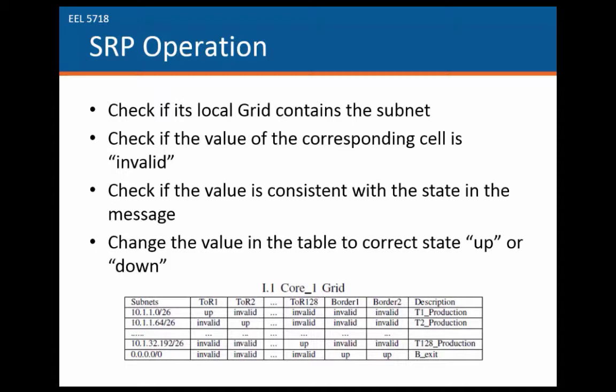If it is valid, then it checks the message states to see if they're the same. If they're the same, it'll throw it out. If they're different, then it updates the message state. So whether it's up or down, it'll change the new message to up or down in your core database. And you can see at the bottom there an example of all the invalid routes and the ups and downs, based on your connections in your network.